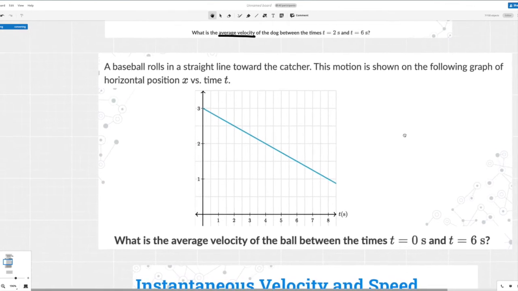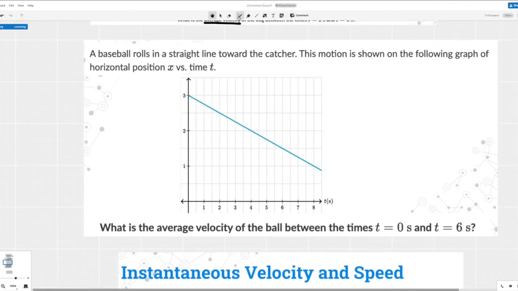Same thing, let me read the question. What is the average velocity? We're given a distance and time graph. It doesn't say distance, but this is the horizontal position x, which is in meters. So from 0 to 6, from here to here, it's asking us velocity.